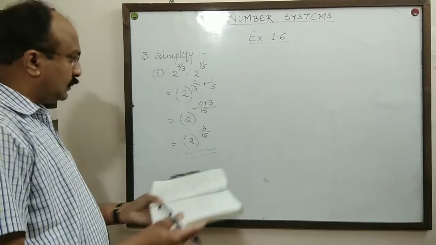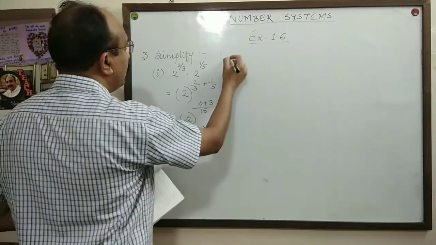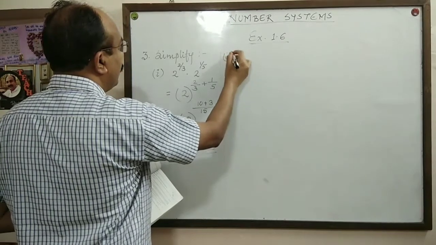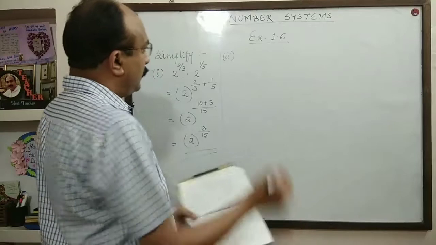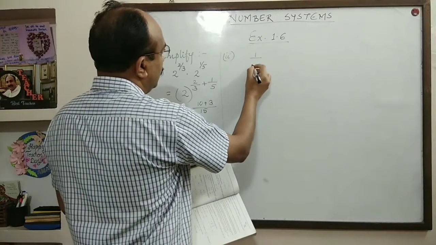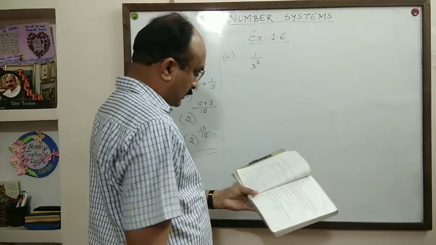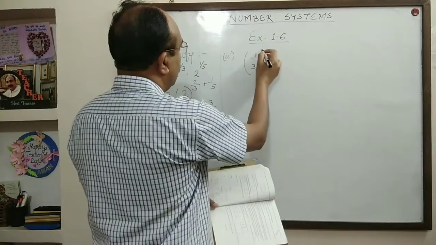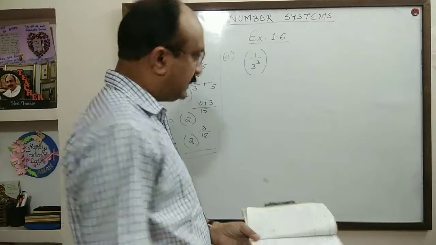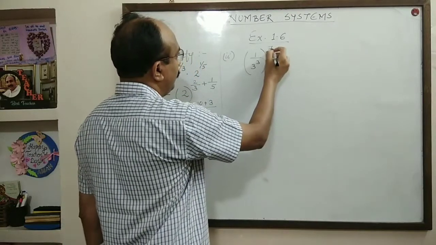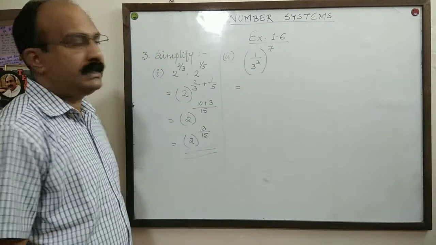Question number 2. 1 upon 3 power 3, the whole power 7.